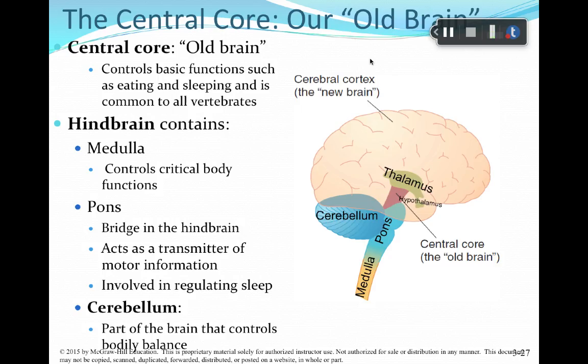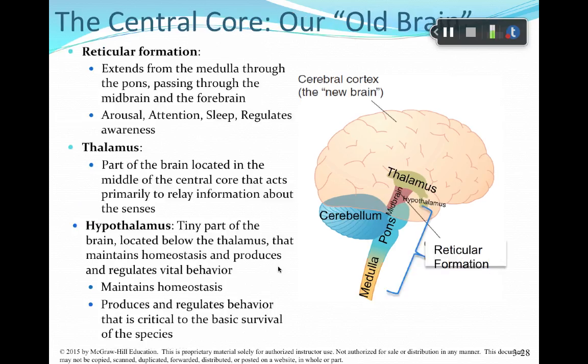The hindbrain contains the medulla, the pons, and so here's our medulla, here's our pons, and again, what I really want you to understand is that the old brain is focusing on survival, your body surviving. The cerebellum, which is right here, is the portion of the brain that controls your balance. So when you ride a bike, it activates your cerebellum.